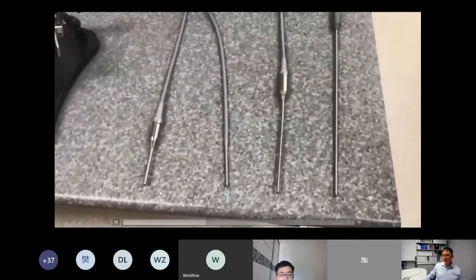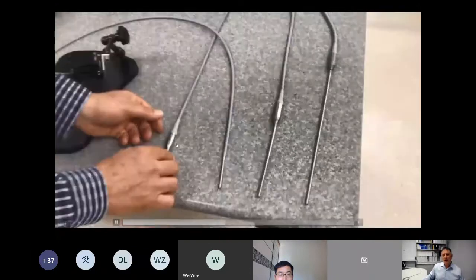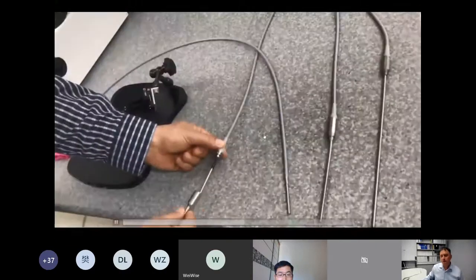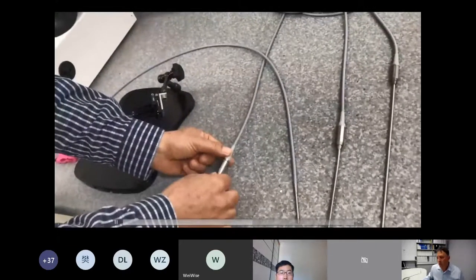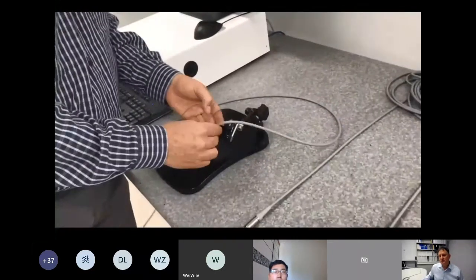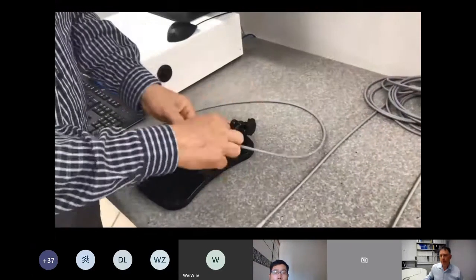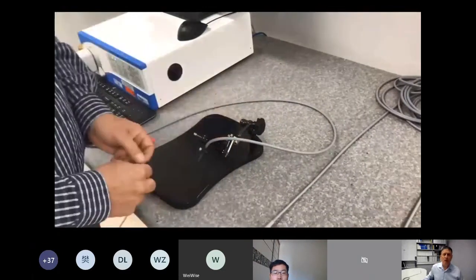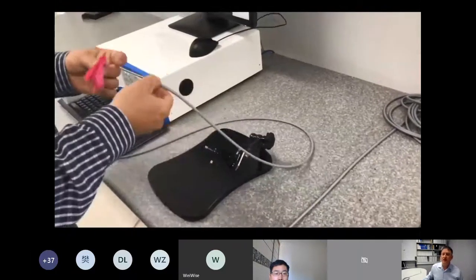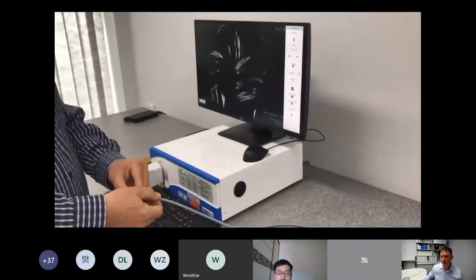And we have an array of different probes from long through to short, including a probe that has a sterilizable sheath that we can put over it. The short probes can also be put into a high precision manipulator stage for small animal imaging. And all probes can be handheld. For instance, I'm touching the probe up against the pink cloth on my finger, and you can see the images showing up on screen.